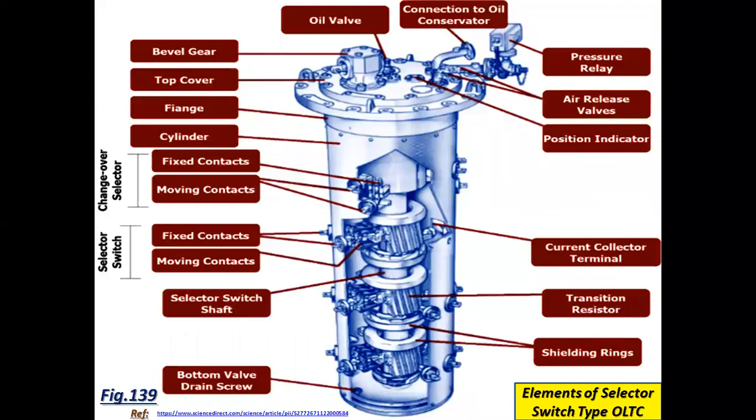See the diagram, that is elements of the selector switch type OLTC. See the oil valve, conservator, conservator connecting flange, bevel gear, top cover, cylinder, fixed contacts, moving contacts, fixed contacts and moving contacts of the selector switch.